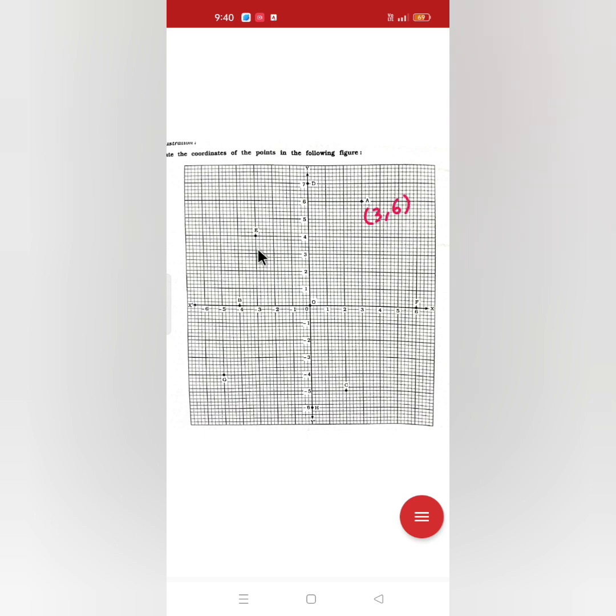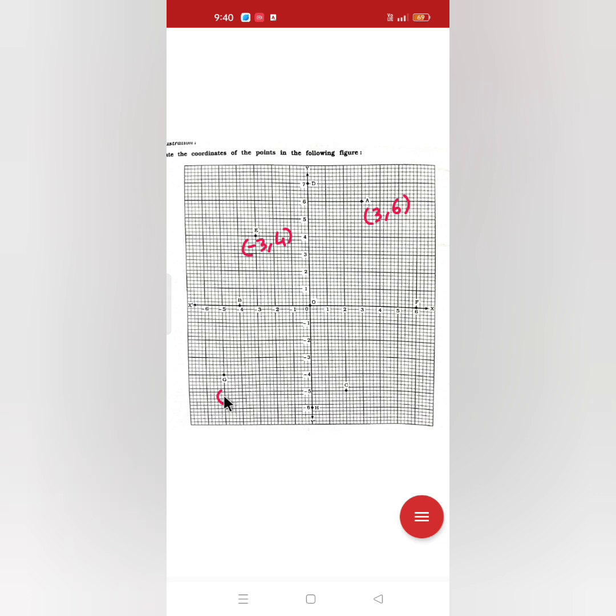Here point E is in the second quadrant. Its perpendicular on the x-axis is minus 3 and on the y-axis it is plus 4. Point G lies in the third quadrant. Both are negative.